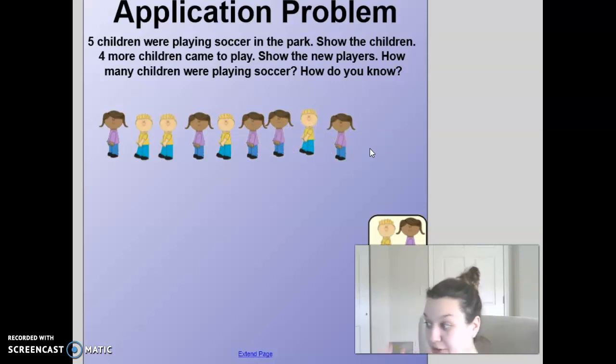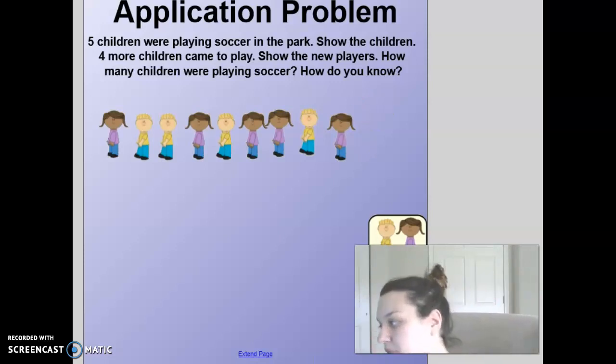Wow, we did it right with our fingers too. So we can come to the conclusion that 5 plus 4 equals 9. And if we had a number sentence spot, we would write that right in there.